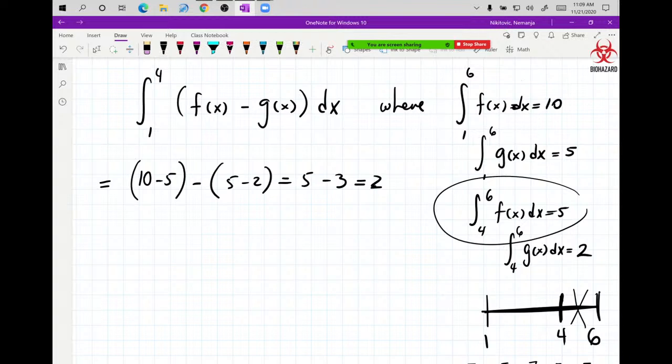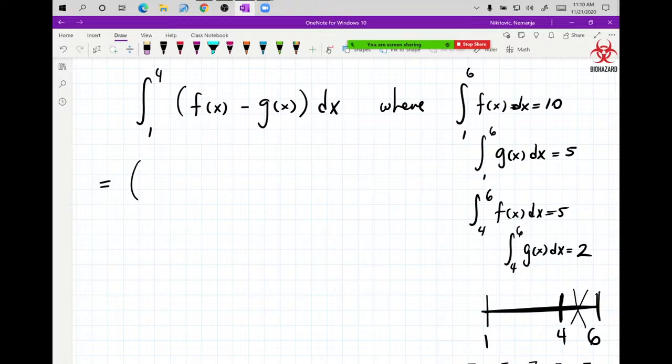We can also write it out using the rules. So the first rule is that we can say the integral 1 to 4 is actually the integral 1 to 6 of f minus g. I'll abbreviate, I'm not going to put of x.